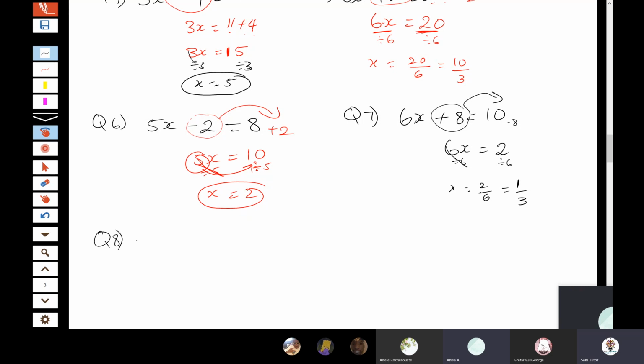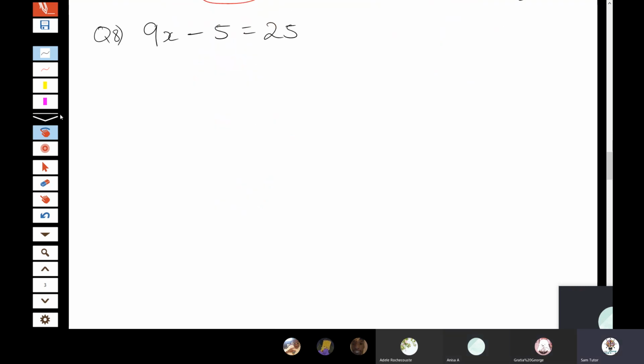Question 8 becomes 9x minus 5 equals 25. I would plus 5 to both sides. Plus 5, right?